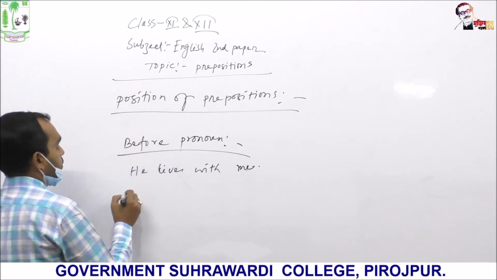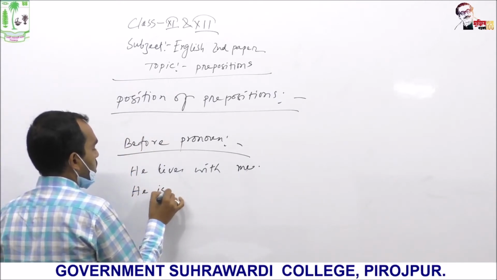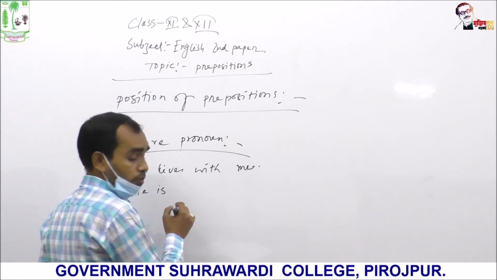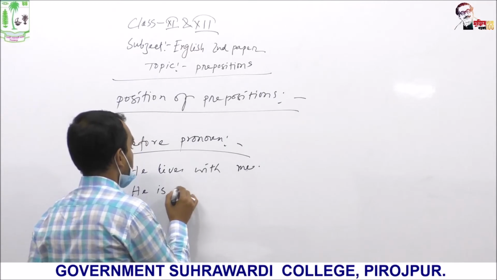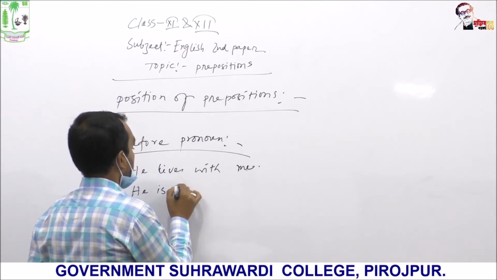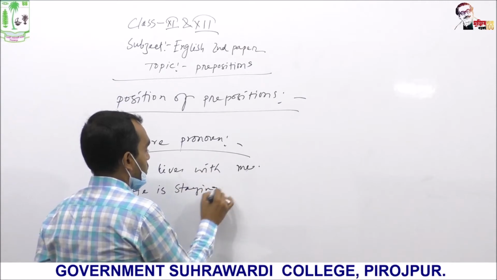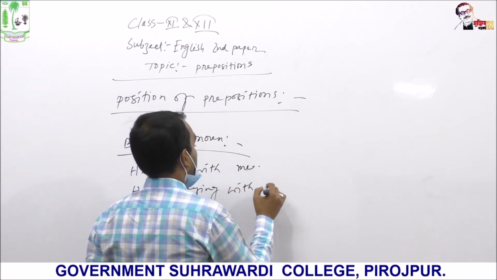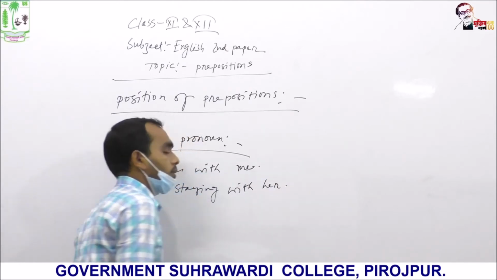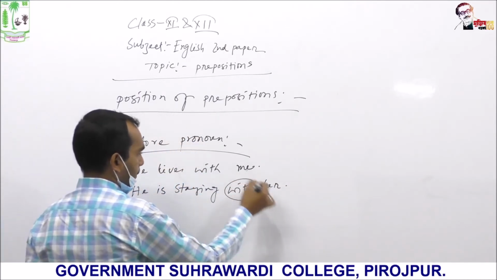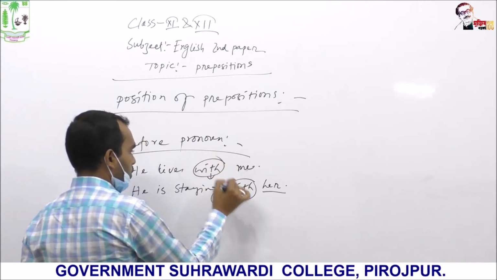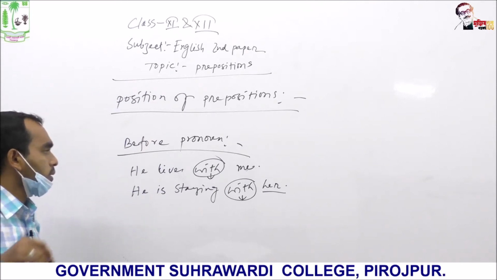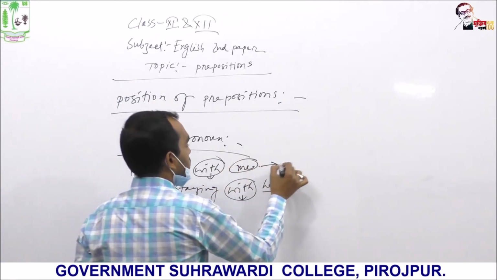he is staying with her. Here, with is a preposition and me is a pronoun.